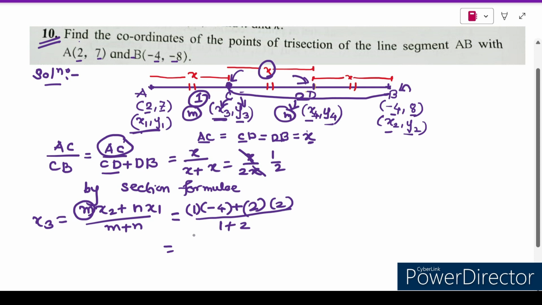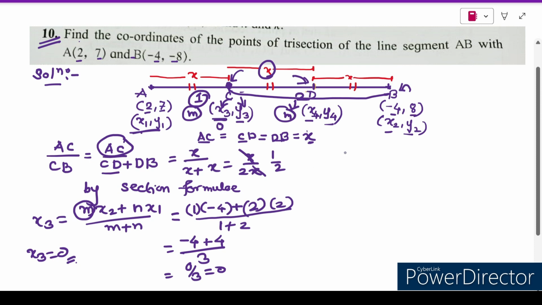That is 1 into -4, that is -4, plus 2 into 2, that is +4, divided by 3, which is -4 plus 4, 0 divided by 3, equals 0. We get the value of x3 equals 0, the x coordinate of point C.